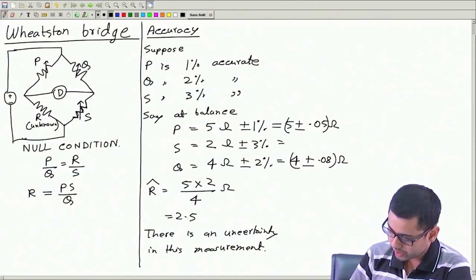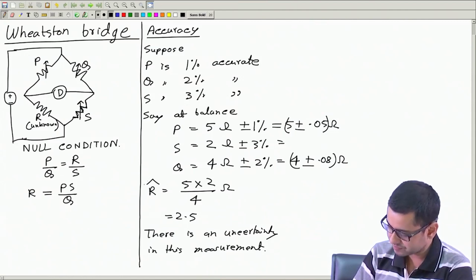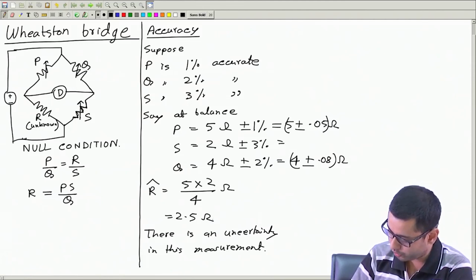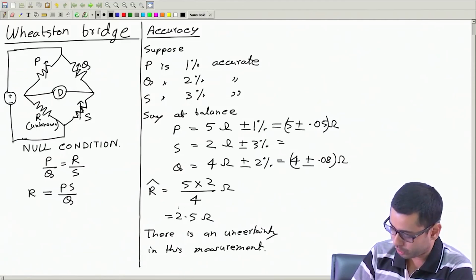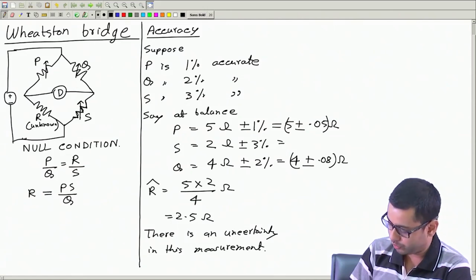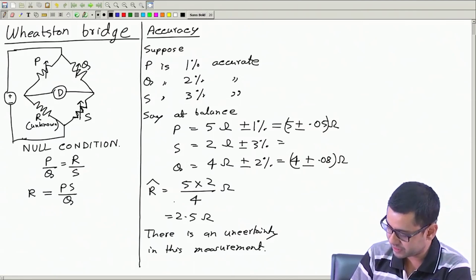So, what is the limiting range of R roughly? R is estimated to be 2.5 ohm, but it is not necessarily exactly 2.5 ohm. It has a range within which R should lie, and what is that range?